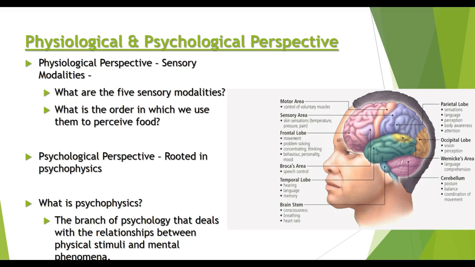Well, when we're thinking about sensory, just like in water activity, when you have to control and account for the temperature at which you're taking the measurement, when you're doing sensory testing, you have to consider the physiological and psychological perspective. Now, the psychological perspective is rooted in a branch of psychology called psychophysics.